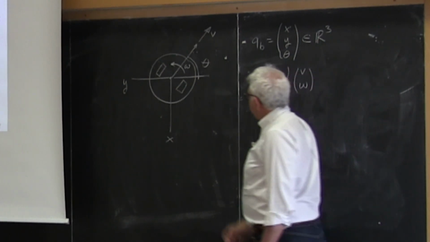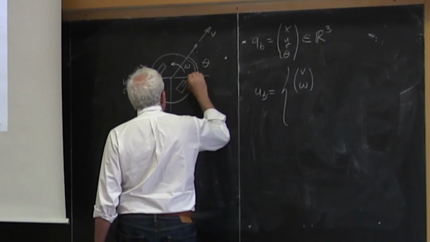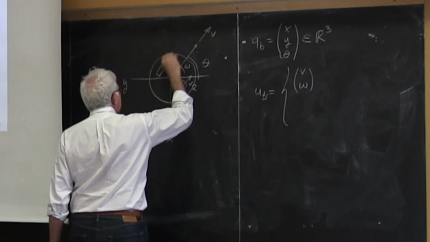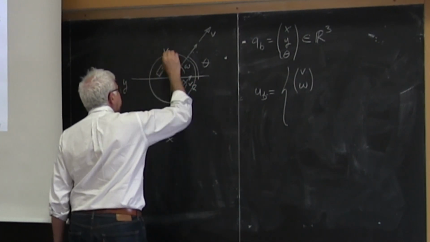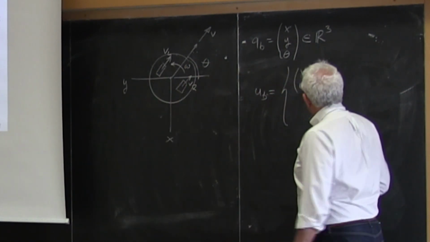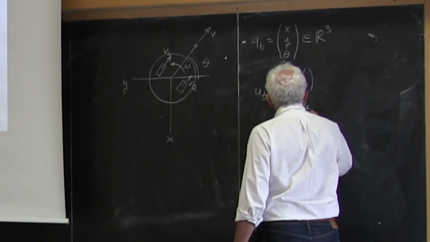But of course, you may imagine also that your actual commands are the velocities on the ground of the right and left wheel. So we have 2 motors. You can command vR and vL.